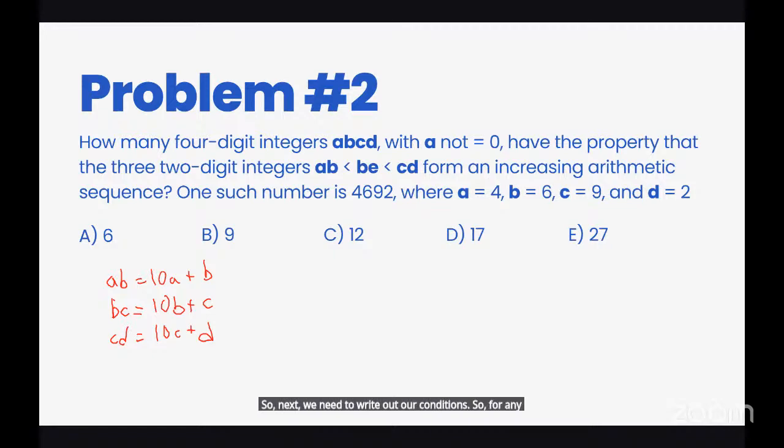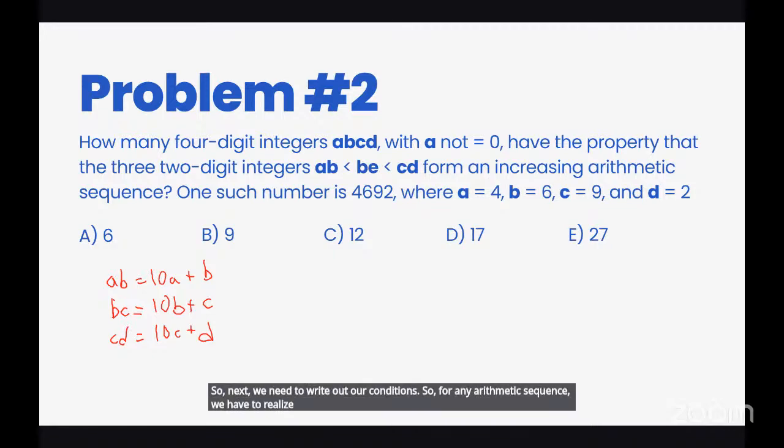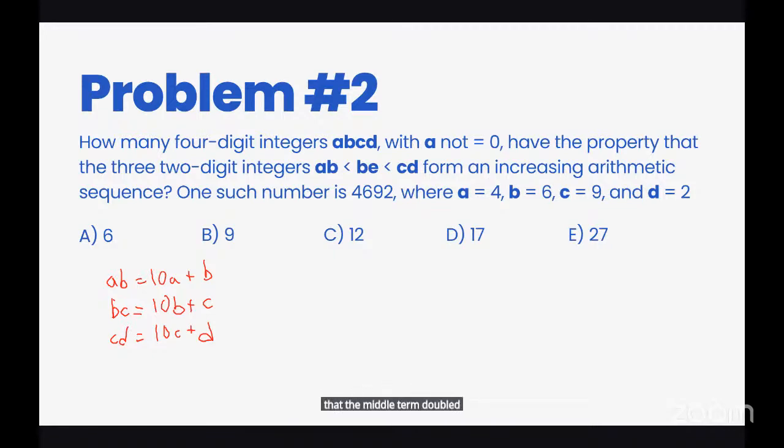So for any arithmetic sequence, we have to realize that the middle term doubled equals the sum of the outer two. So to put that into numbers, we can do 2 times BC is equal to AB plus CD. And then we can expand that out by saying 2 times, so we can take BC from here.